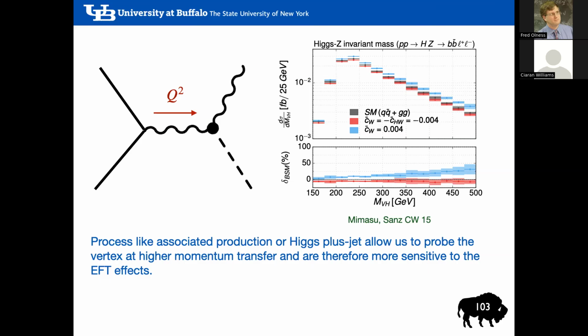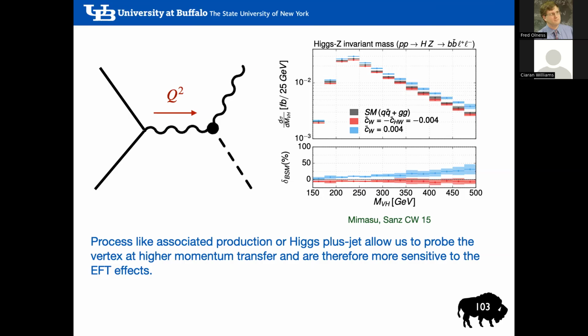And this is just an example plot here showing the sort of thing you could expect, where you have the standard model in gray because it's boring standard model, and then blue and red are just an example where we pick one or two operators and turn on their effects.